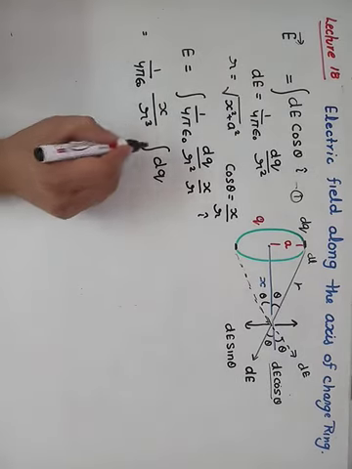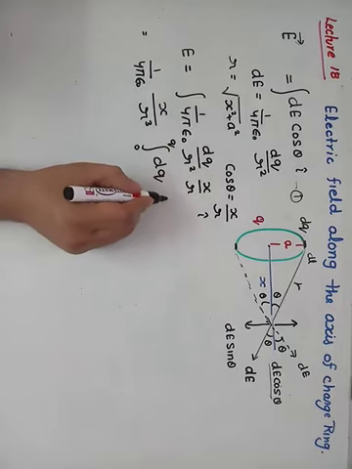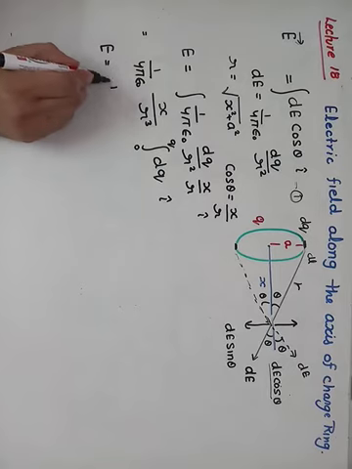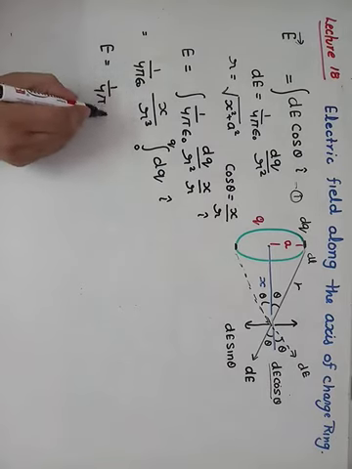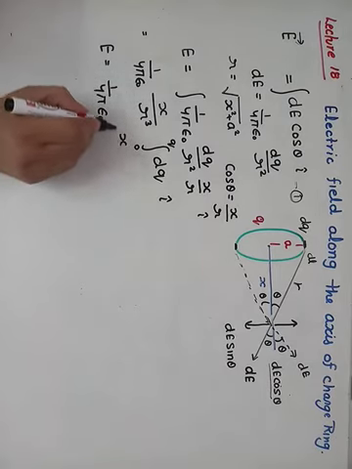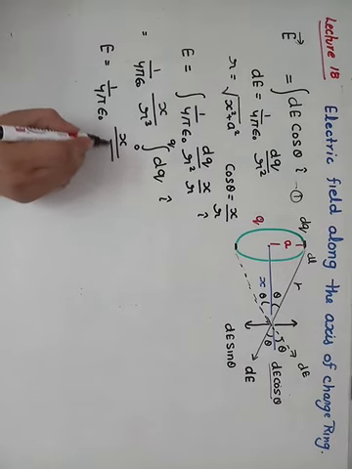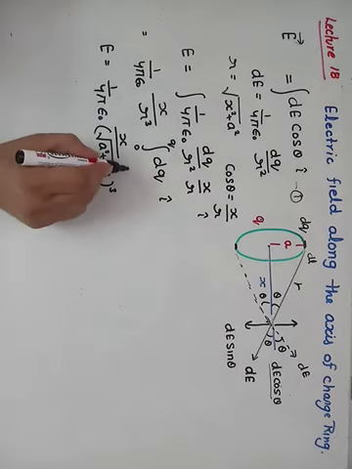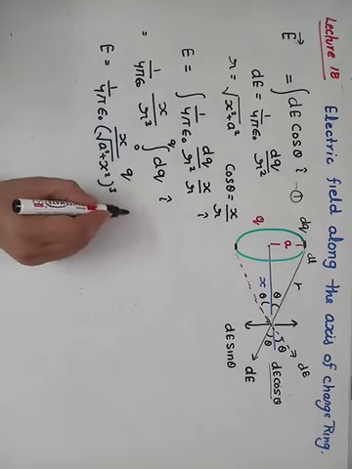dq can be 0 and the maximum value of charge is Q, direction is still i. So we get the electric field as 1 upon 4 pi epsilon naught, x by, what is R? R is under root a square plus x square, cube, and the integration of dq is Q, direction is i.